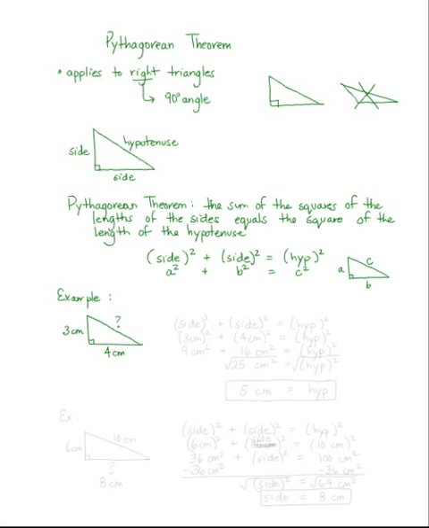Using our formula, side squared plus side squared equals hypotenuse squared, we would substitute in 3 centimeters for one of the sides, 4 centimeters for the other side, and we're looking for the hypotenuse.